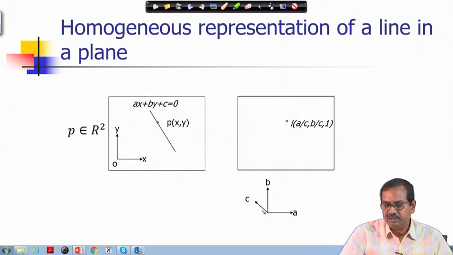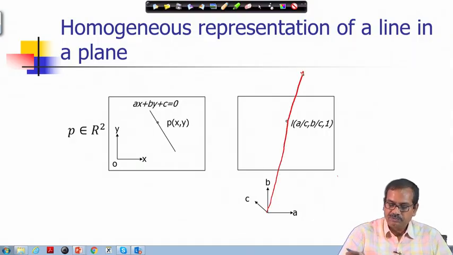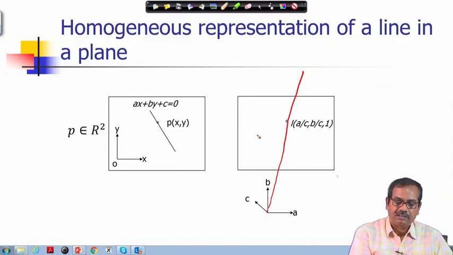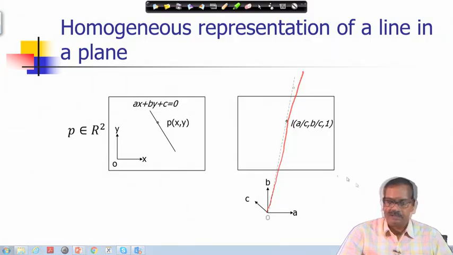So, you have an implicit three-dimensional coordinate system. It is a two-dimensional projective space once again, and if I consider any element of this space, that should be a ray passing through the origin, and incidentally if it passes through this particular point A by C, B by C, 1, that is the representation of this straight line. So, a straight line is represented like a point in this space.